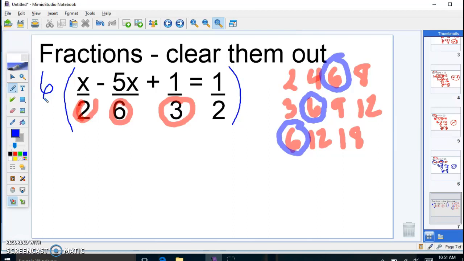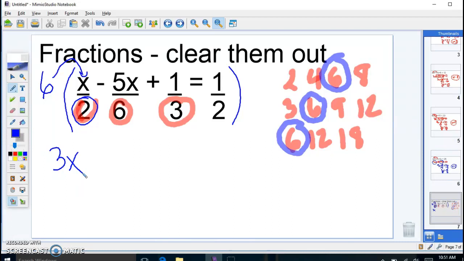So notice I put parentheses around the entire equation, and I put a 6 out in front. You can think of this as the distributive property. I'm doing 6 times x divided by whatever the denominator is, 2. Well, 6 divided by 2 is 3, so I have 3x. Notice that's not a fraction anymore.